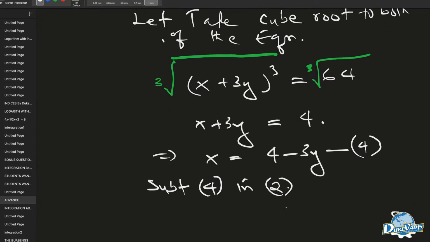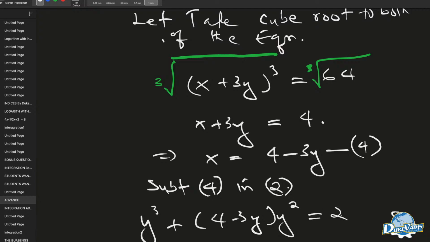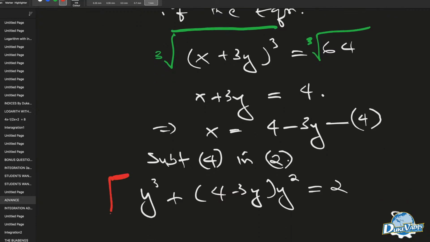When we do that, it's going to be y cubed plus (4 minus 3y) times y squared is equal to 2. All right, this is the equation that we have to concentrate on.